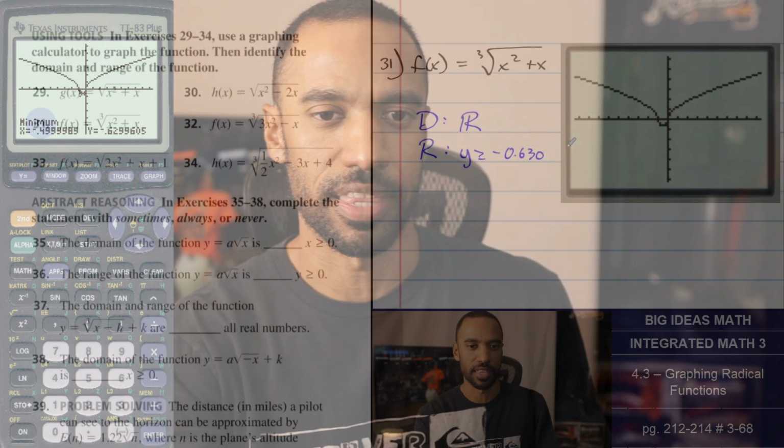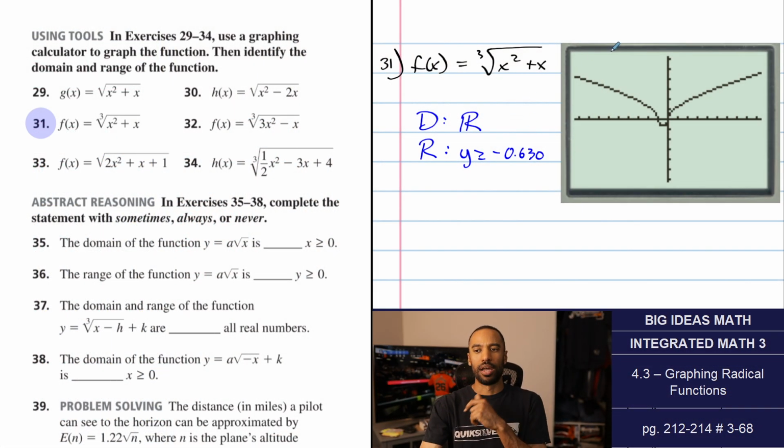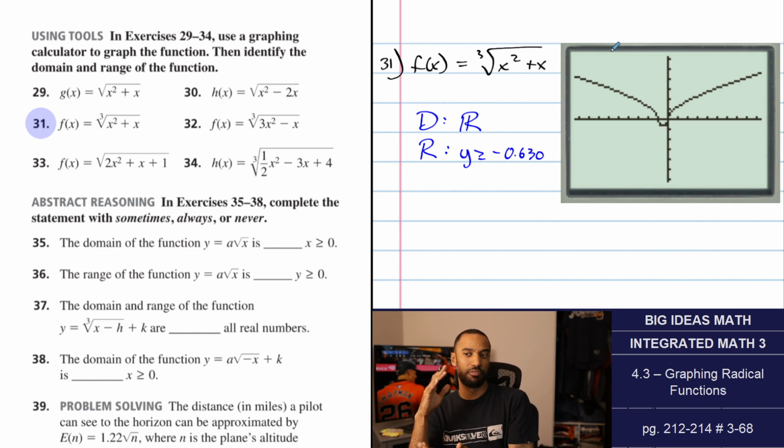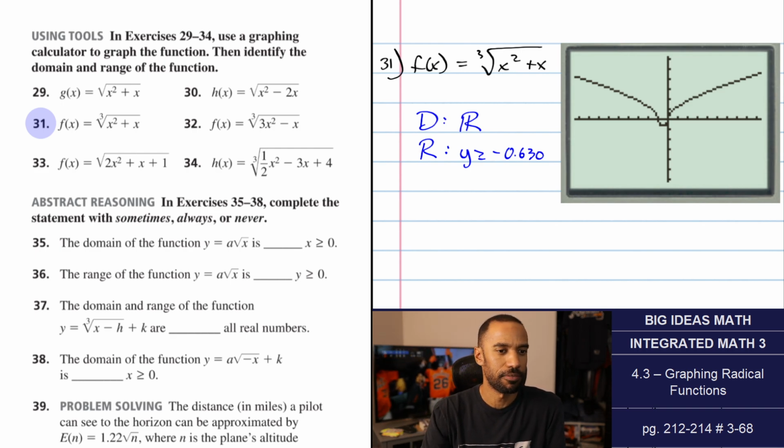I'm going to round it, -0.630. I'll round to 3 decimal places, and even then it's -0.630. One can surmise that maybe that's some sort of, obviously, a cube root of some specific number. Maybe it's -0.5. Let me see what the cube root of -0.5 is. I'm very curious.